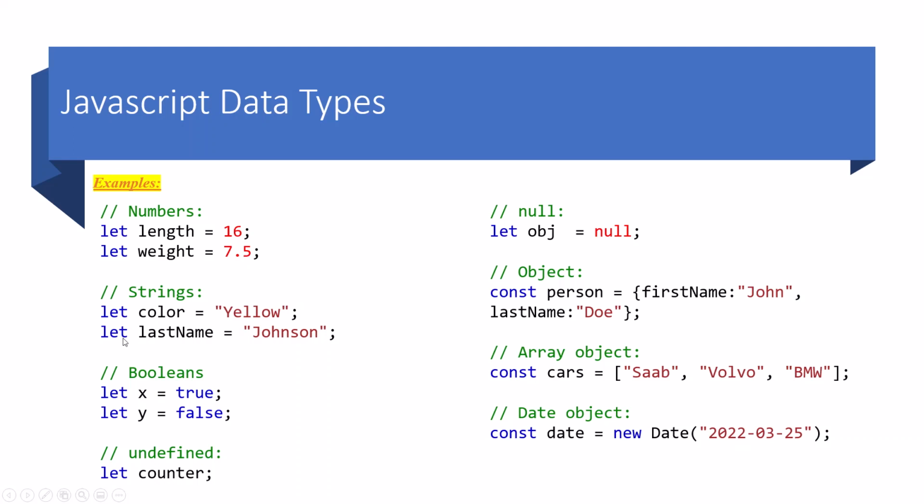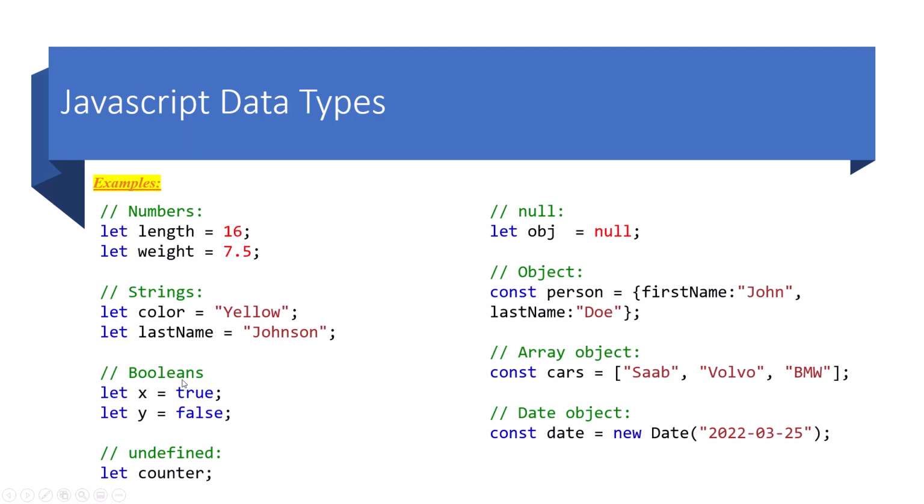The same goes for let last name is equal to Johnson. Johnson is a string stored in the last name variable, so this variable is also of type string. We don't need to give the data type here in the code. The JavaScript engine will recognize the value of the variable and assign that data type to it.